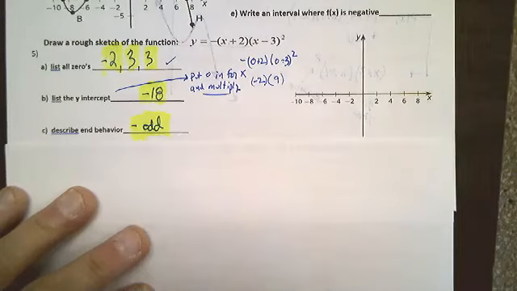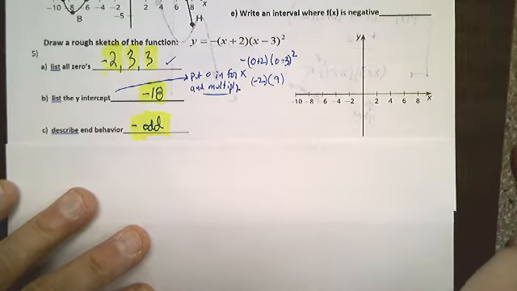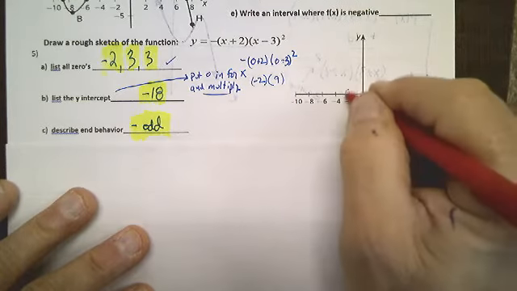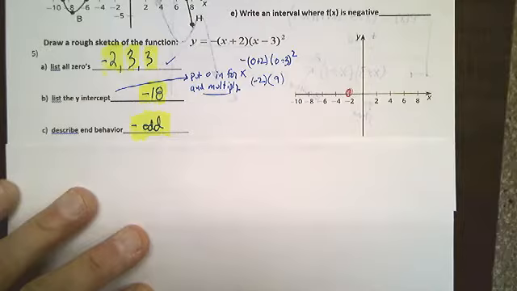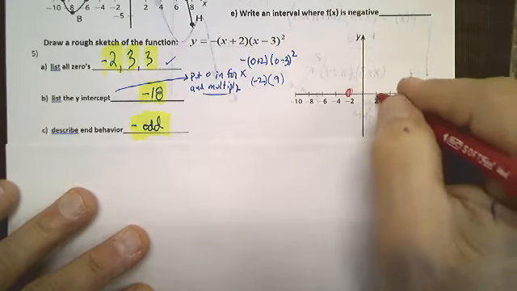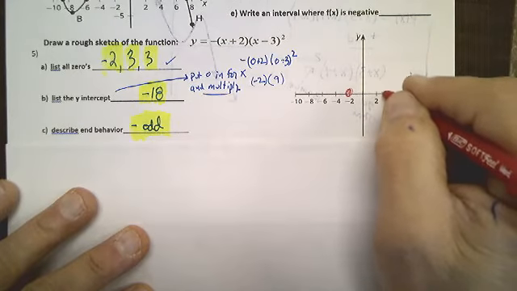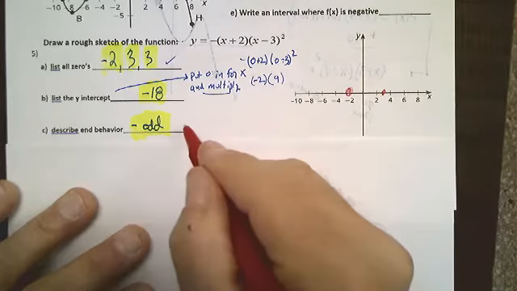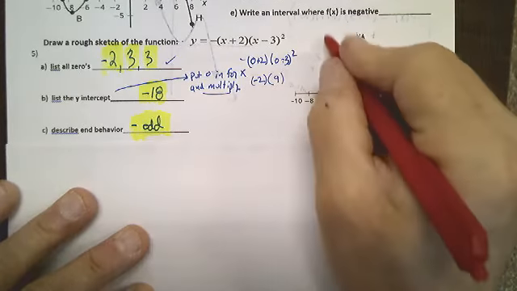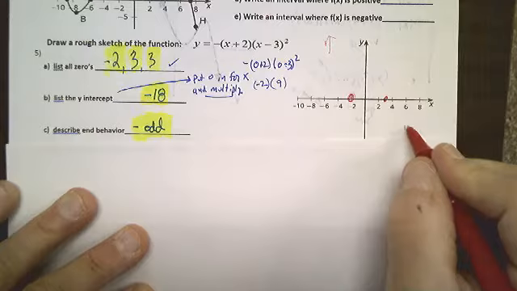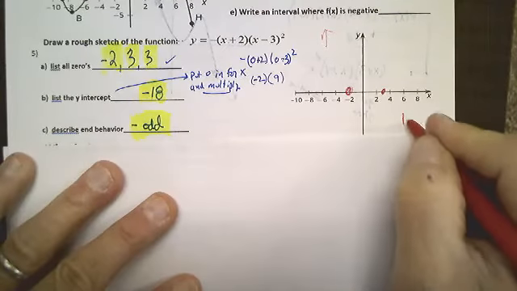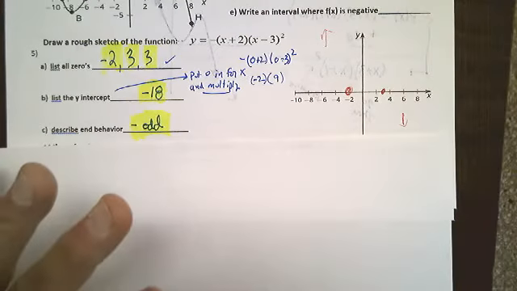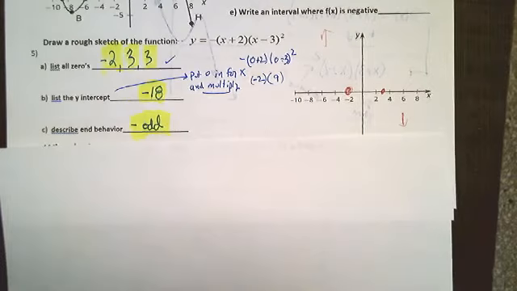A dot? In between 2 and 4. That's good enough. Negative odd, looking up there at the board. Left arm up, right arm down. Go ahead. You guys graph it, walk it up and show me. I'll give you 60 seconds. If you can do it in 60, you know how to do it.